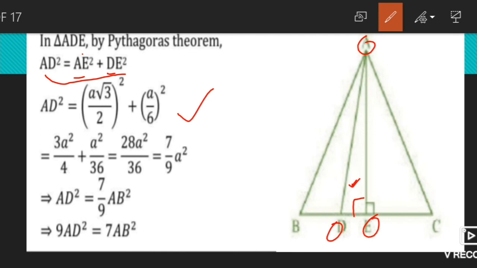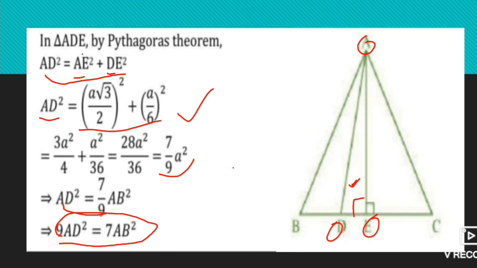If you do the simplification of this expression, you will get 7 by 9 A square. Do the cross multiplication with AD whole square. That means you are multiplying this 9 on the left hand side, so you will get 9AD square is equal to 7AB square, which you have to prove. In this way you have to solve this problem.